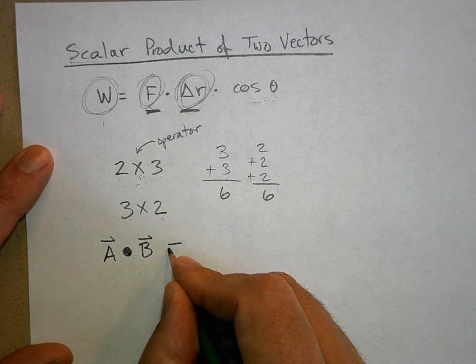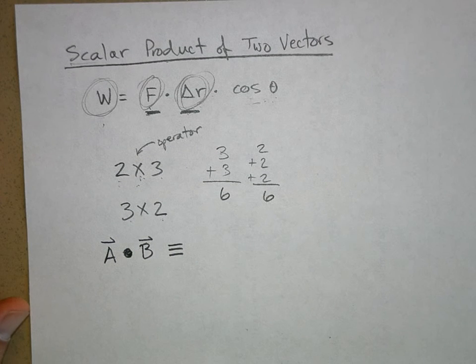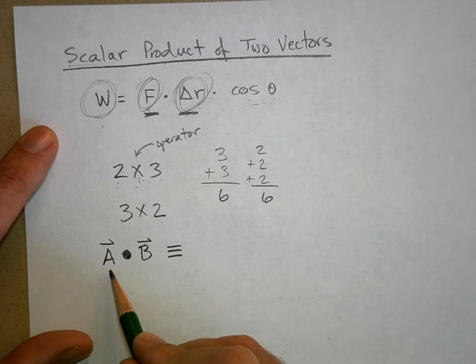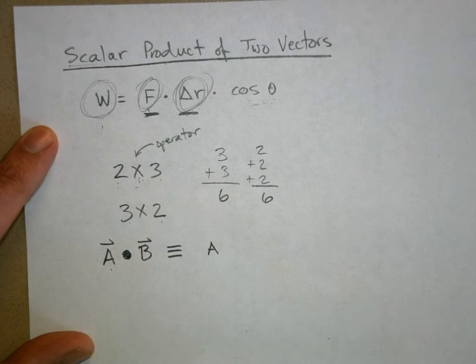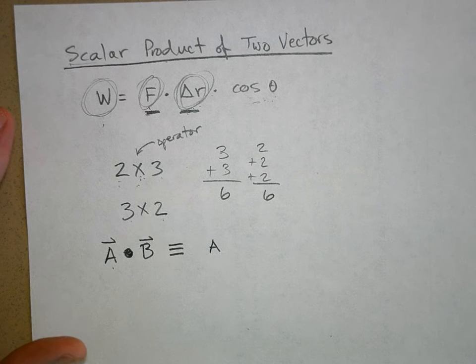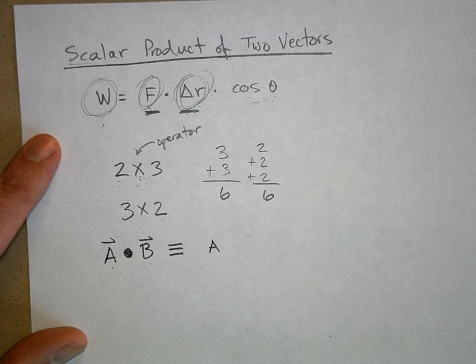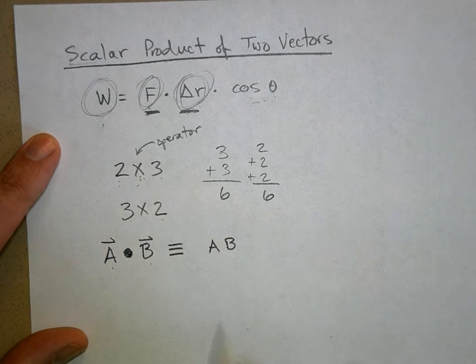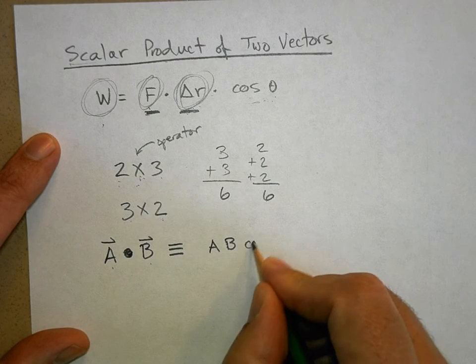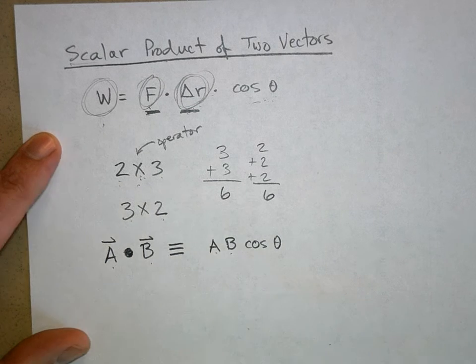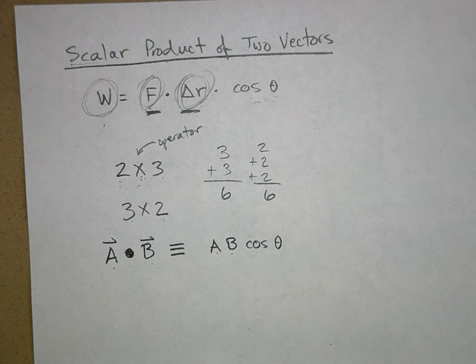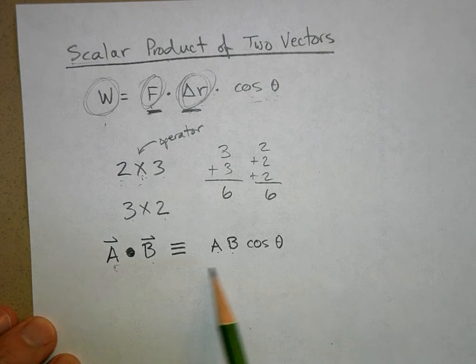And by definition, this is what you do. You take the magnitude of A, which I'll just write as A without a vector hat on it, multiply that by the magnitude of B, and then multiply by the cosine of the angle that is between A and B. And so that'll give you the scalar product for those two vectors.